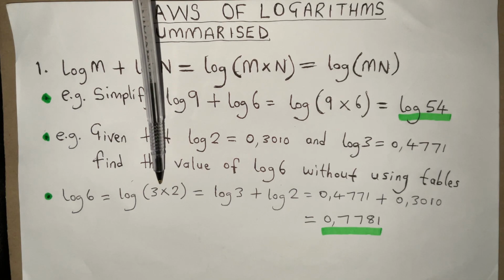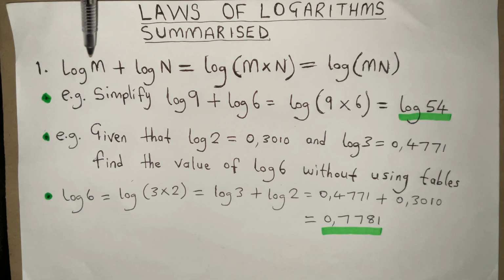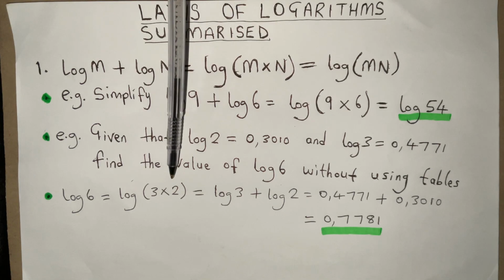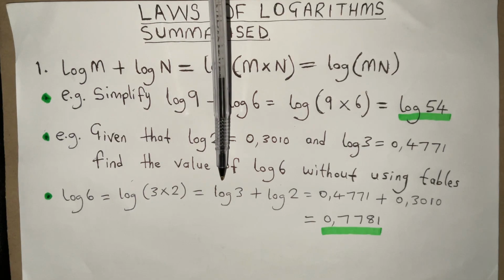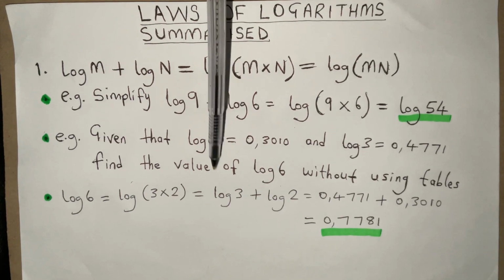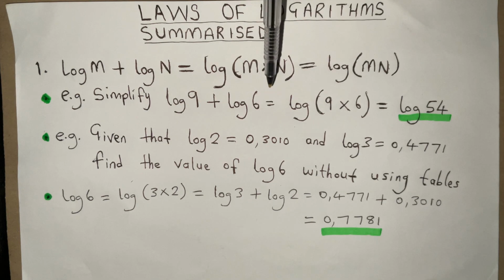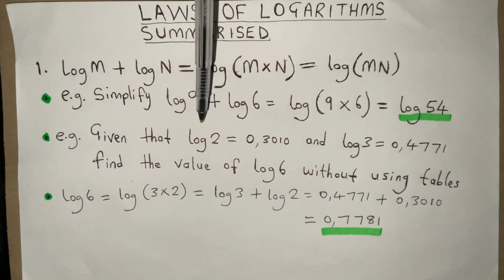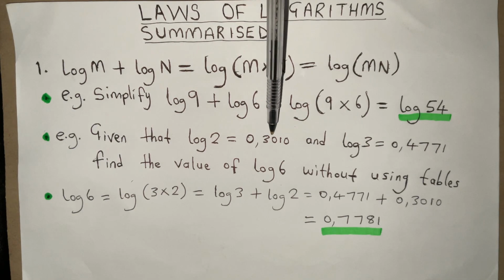According to the first law, the reverse of this one, log 3 multiplied by 2 becomes log 3 plus log 2. But remember, the value of log 3 is given as 0,4771, and the value of log 2 is given as 0,3010.